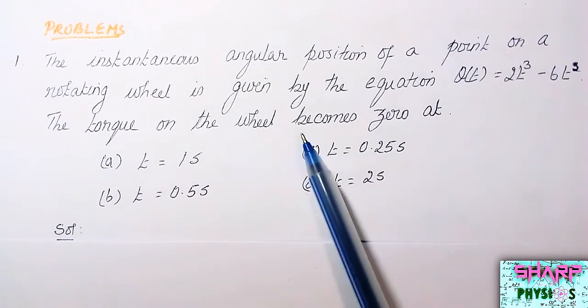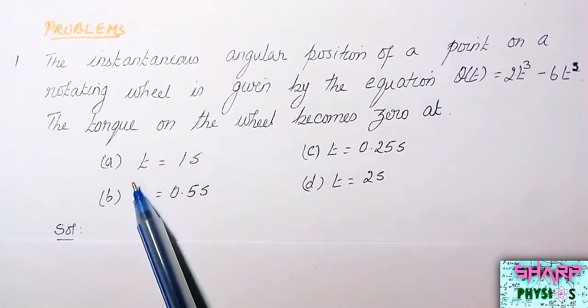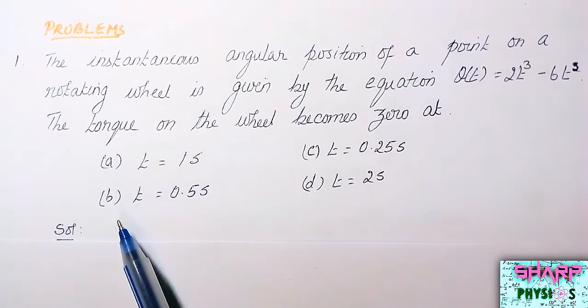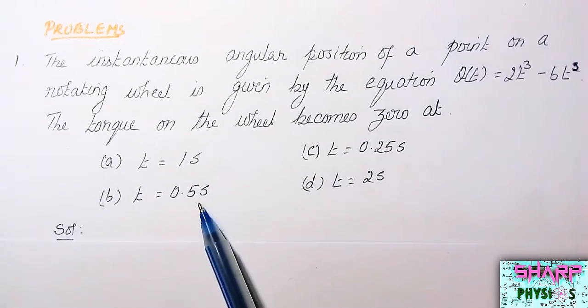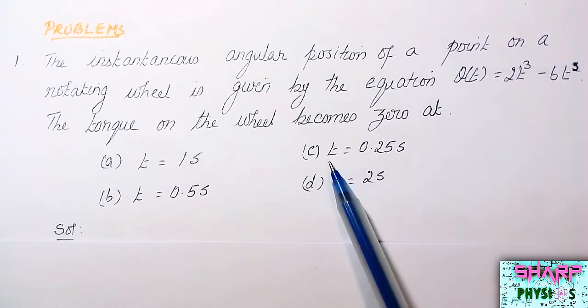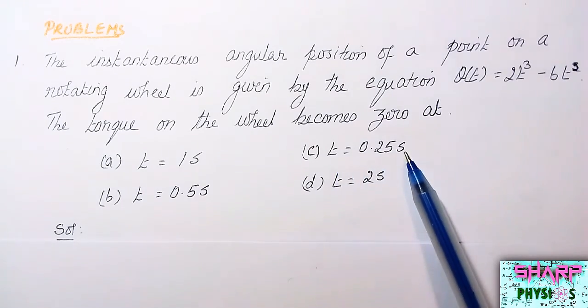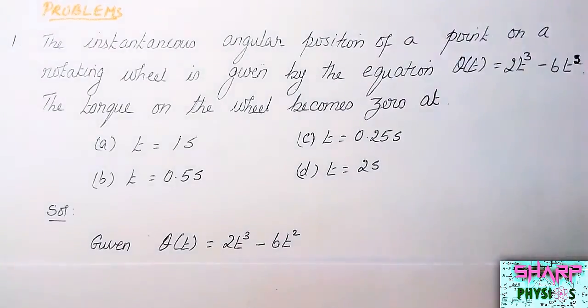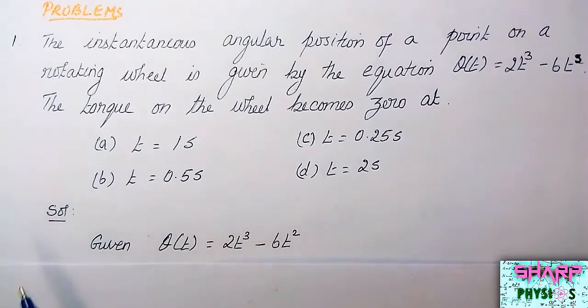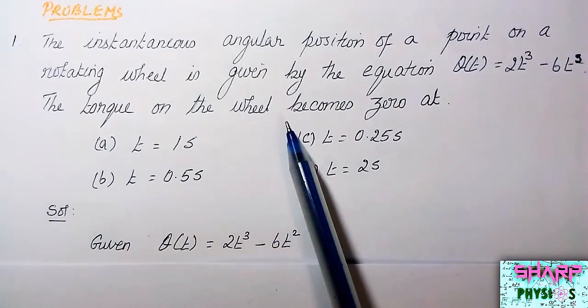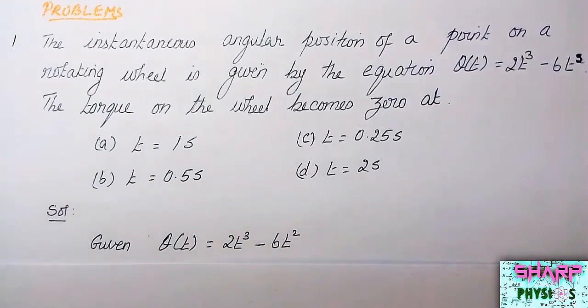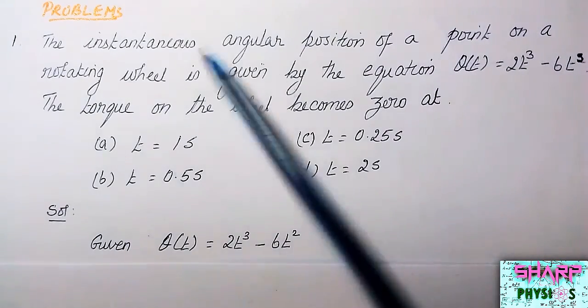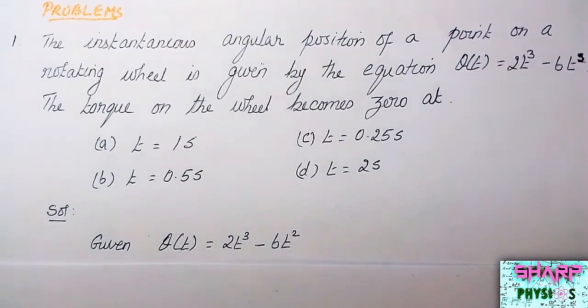The torque on the wheel becomes 0 at: first option, t is equal to 1 second; second option, t is equal to 0.5 second; third option, t is equal to 0.25 second; fourth option, t is equal to 2 seconds. So the question is, at what time will the torque of the wheel become 0?